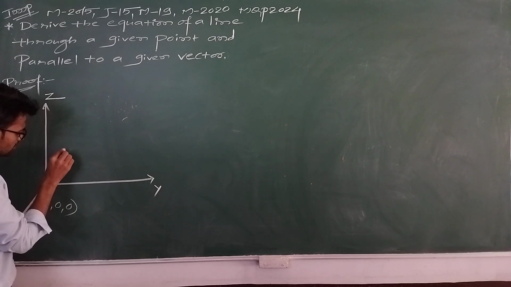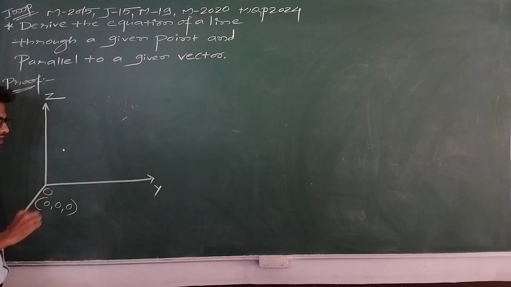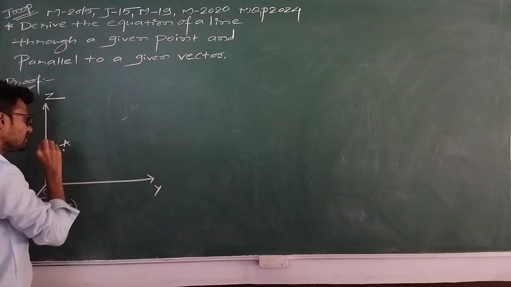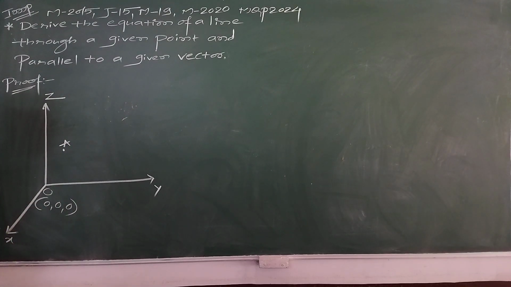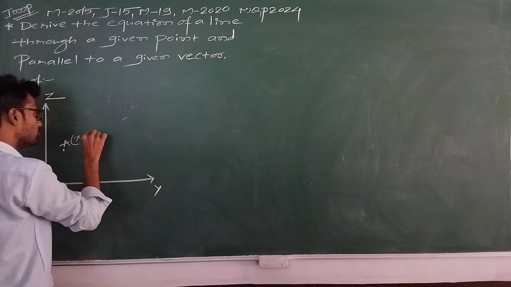You take one point on a 3D space. Say it is A, whose coordinates are x1, y1, z1.